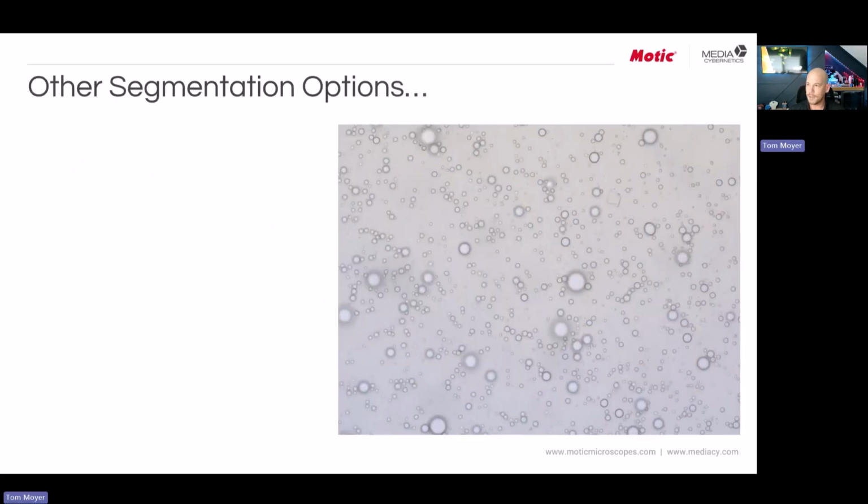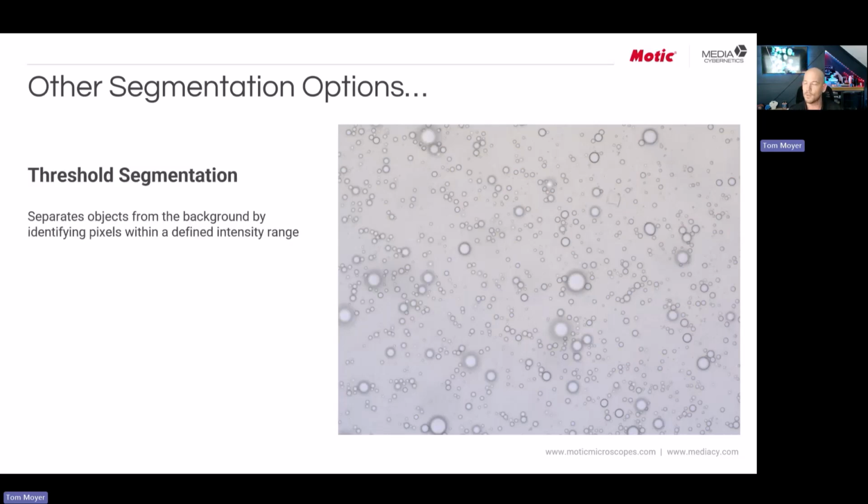But before we start, Nick mentioned other segmentation options. If you are currently using or have tried to use analysis software in the past, chances are you have used one of these 2 segmentation methods. The first being the most basic. This is threshold segmentation, where we're trying to separate objects from the background, and this is all based on an intensity range.